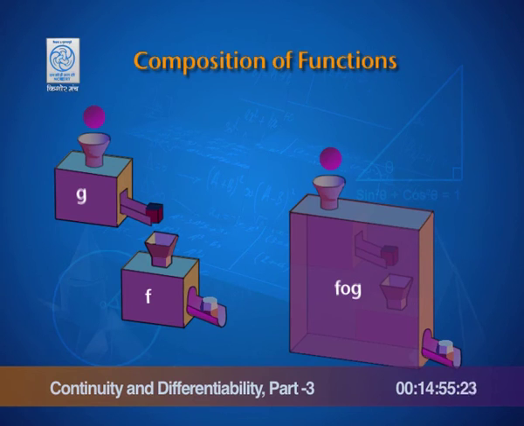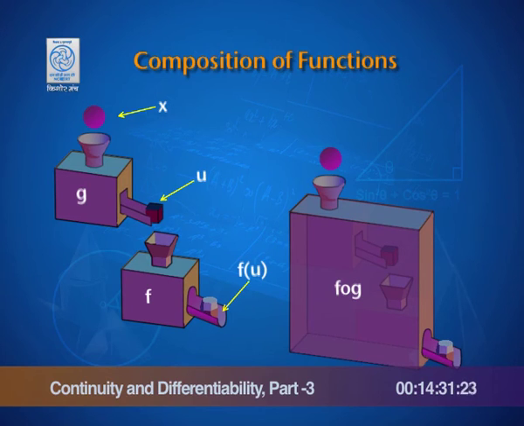In mathematical terms, what does that mean? If I take x to be the input of g, it results in u as an output of g, the same as g of x. This goes into the function machine f and results in an output f of u.